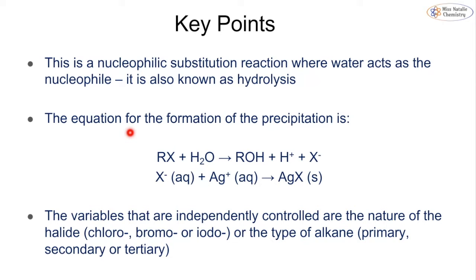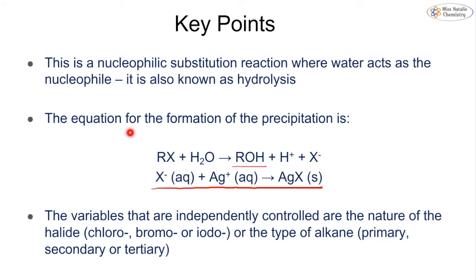And we use our silver nitrate so that we can see the reaction happening and we can time the formation of that precipitate. And the formation you can see is written in the equation here. So we have the halogenoalkane being broken down into an alcohol, and then our halogen being freed. That halogen then reacts with the silver and then forms our precipitate.